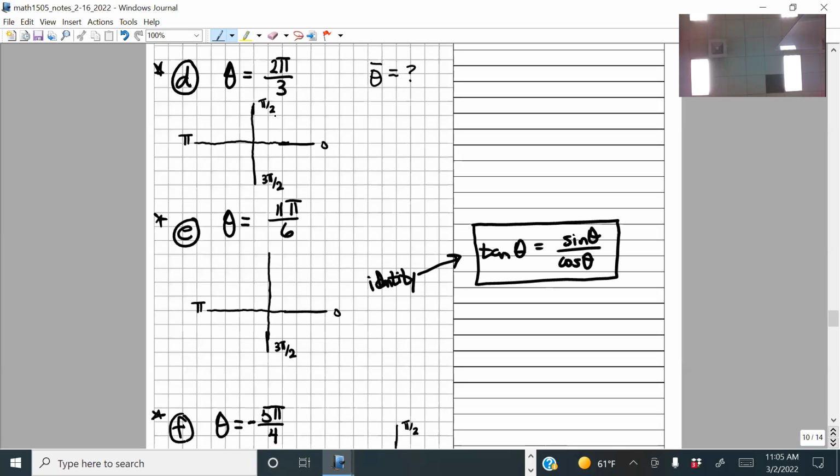Now that's right, bar six. Right, bar six. And draw this one.